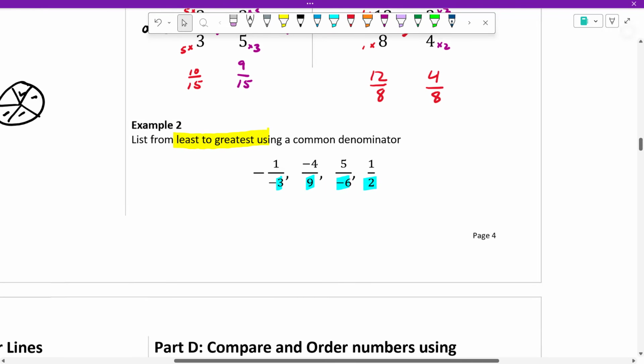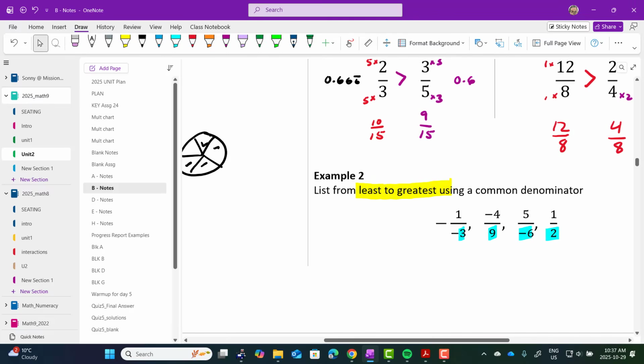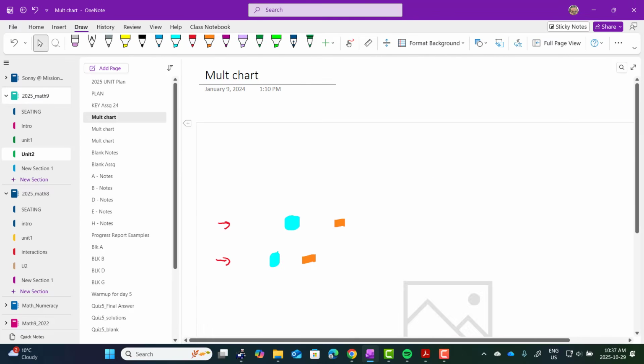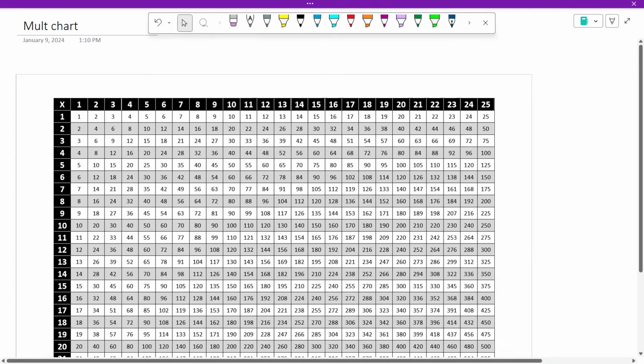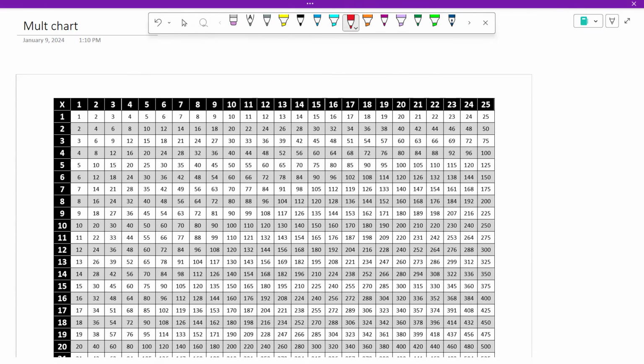If you're stuck, you go to your multiplication chart. Now let's grab a fresh one. We have 3, 2, 6, and 9 as our numbers. You want to look across all 4 rows and find something in common.